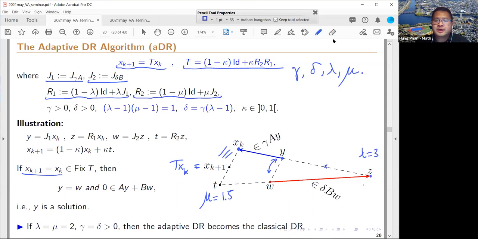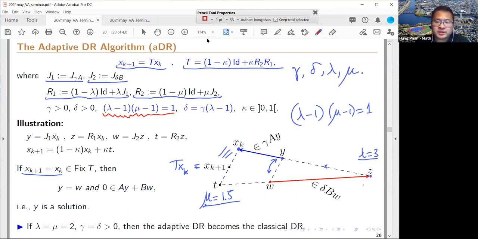You can see from here, with lambda equals 3 and mu equals 1.5, you can check that (lambda - 1) times (mu - 1) would be 1. Oops, it's flashing. I hope it's not a problem. And that's why you see we have a condition here. Also, you can see the red vector will be double the size of the blue vector, which is not exactly what we want.